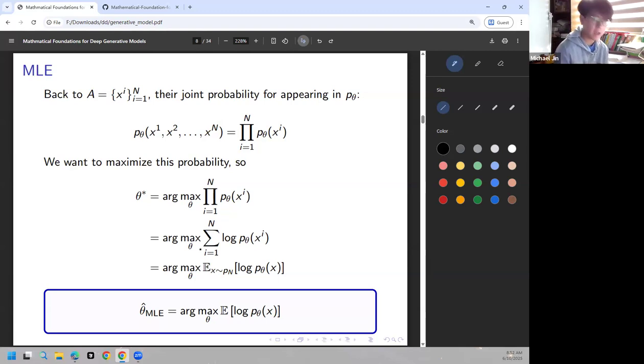Since we know x_i are independently and identically distributed, their joint probability can be written as a product of all of them in P of theta, right?